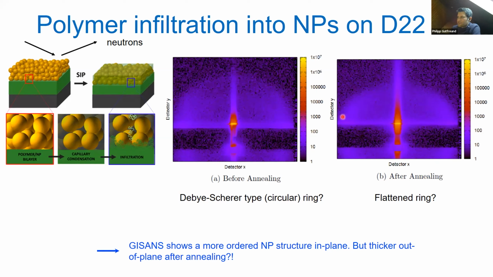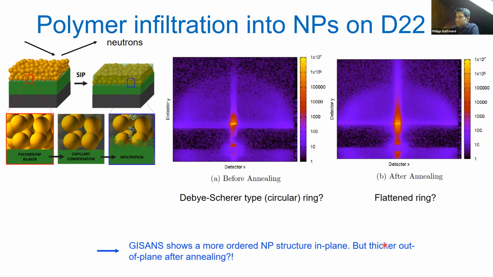So we see that the ring gets a bit flattened, which means that the nanoparticle layer gets a little bit thicker. But the peaks here, which show the mean distance between nanoparticles, seem to get more defined. So the nanoparticle structure gets better defined in plane and slightly thicker out of plane.